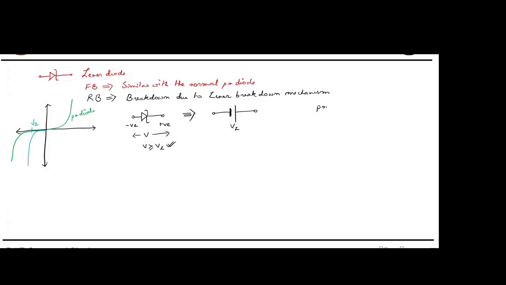For the normal PN diode, if P is connected to positive and N to negative, we were replacing it like this, positive and negative. Can you see the difference between this and this?